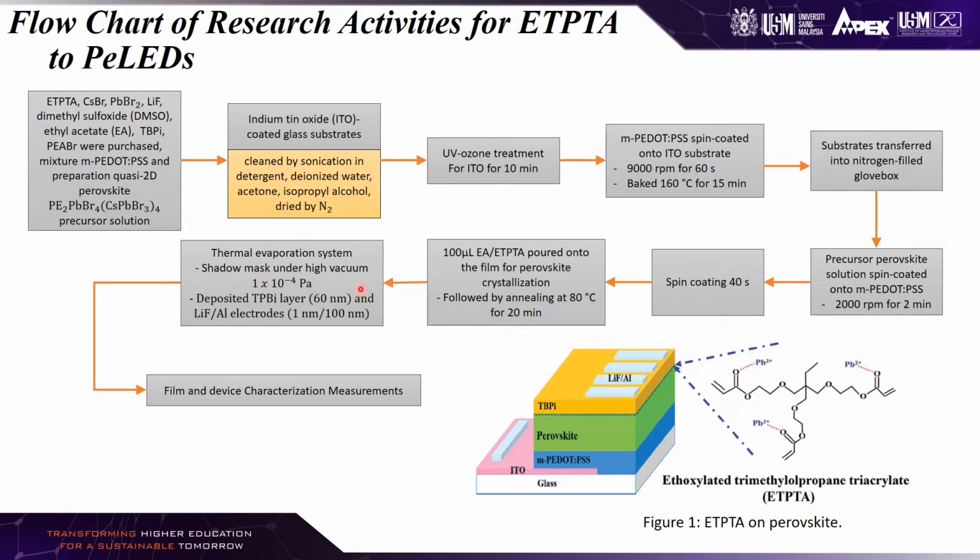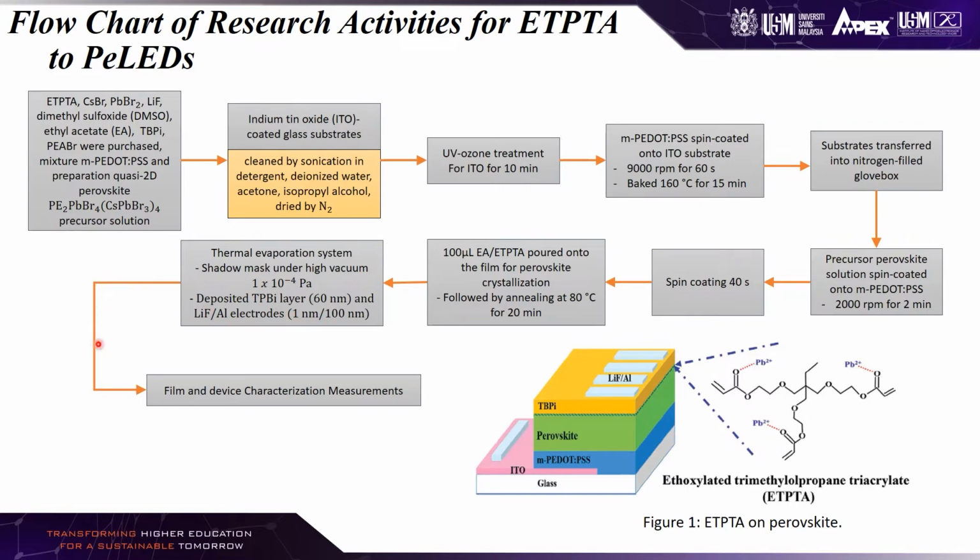Then we go to a thermal evaporation system with a shadow mask under high vacuum of 1 times 10 to the power minus 4 Pascal, and deposit a TPBi layer of 60 nanometer and LiF/Al electrodes with a ratio of 1 nanometer/100 nanometer.